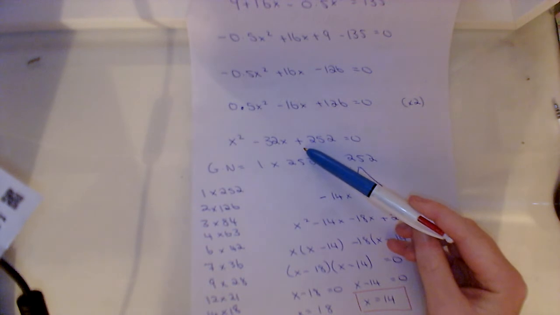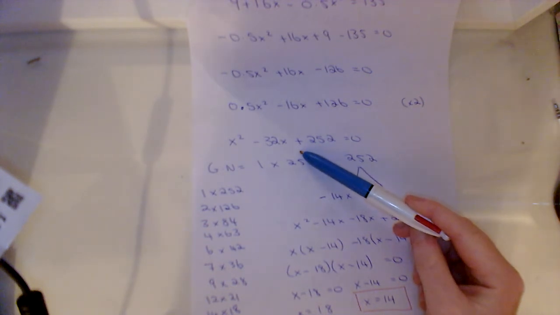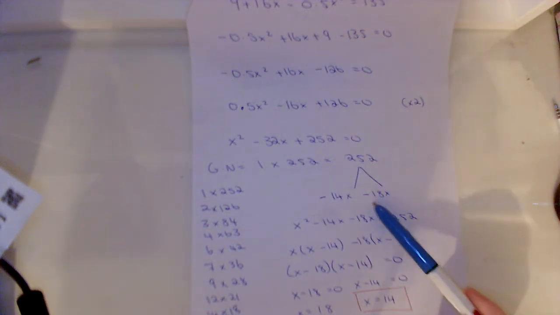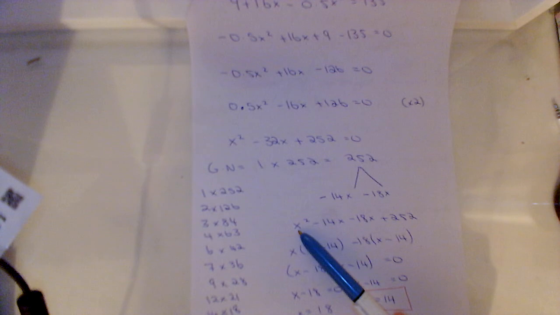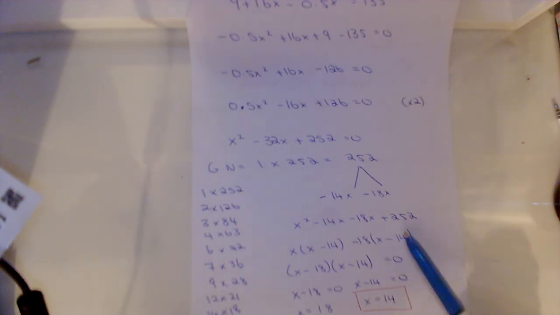Okay, so I write down my 14x, my 18x. This sign here tells me that two of them are going to be the same, so they're either going to be 2 pluses or 2 minuses. This here is a minus, okay, so I'm looking for a minus 32, so it's going to be minus 14x minus 18x. Then I rewrite this using these here, so I have x squared minus 14x minus 18x plus 252.